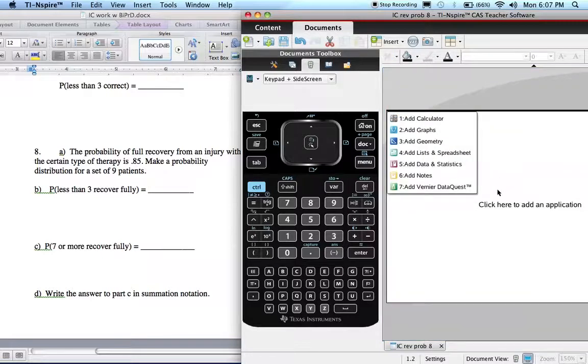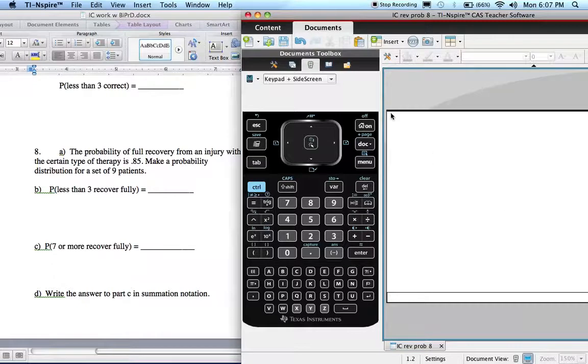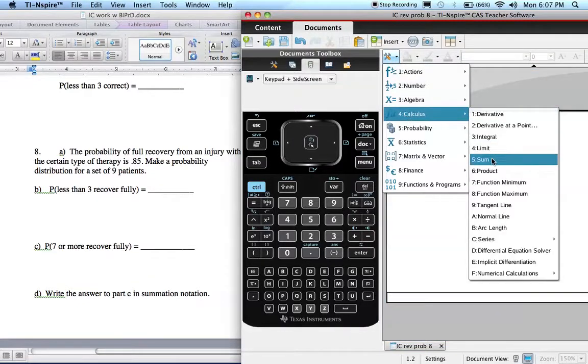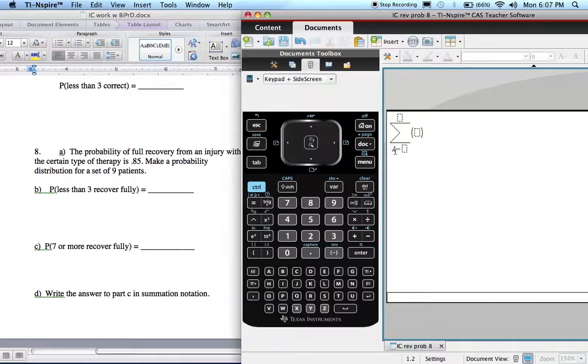If we go to a new calculator page, and we get the summation thing up, which is under calculus, in the menu in calculus, K 7 to 9, and then we basically type the command in there that we used before, not with success but with K. So nCr 9 comma K times 0.15 to the 9 minus K times 0.85 to the K. All right, and then that's what it would look like. That's the summation notation form of this.